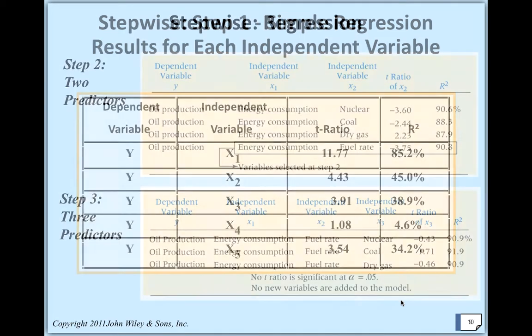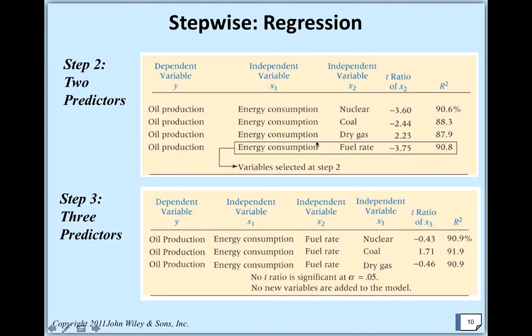Okay, so then we move to step 2, where we keep, not oil production, energy consumption, I'm sorry. Oil production is our outcome. So we keep energy consumption in the model, and now we try it paired with another variable: energy consumption paired with nuclear, with coal, with dry gas, with fuel rate. Then we check to see if there is a significant T or coefficient test.